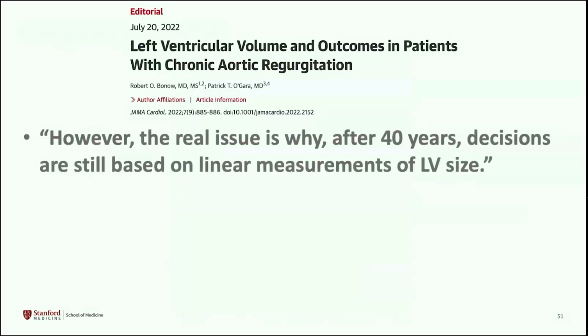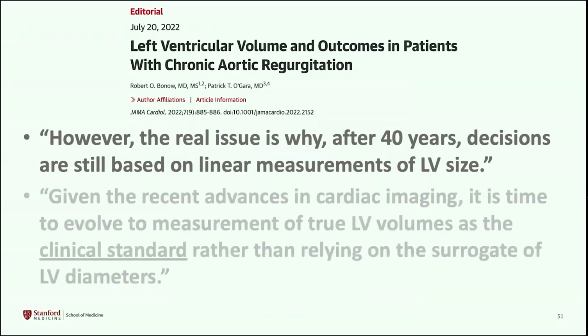I just wanted to summarize after 40 years, and I think Robert Bono has published a lot of the early data on echocardiography by M-mode, so I trust his words more than my own to convince you that, as he says, the real issue is why, after 40 years, decisions are still being made on linear measurements of the LV size.